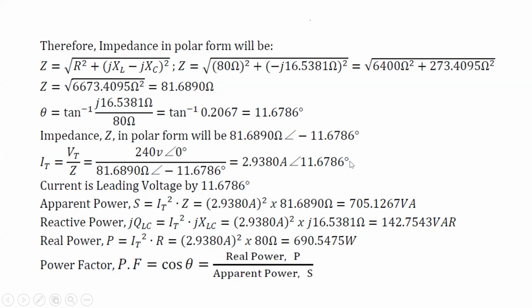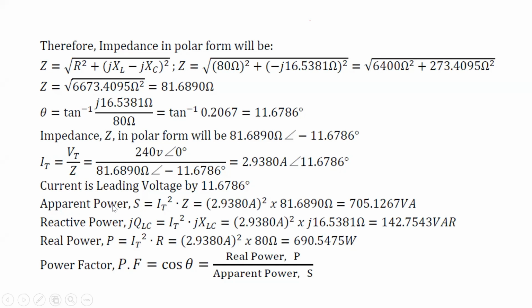You will notice that this angle changed to positive because when it crosses over to the numerator, it becomes positive. Then the current is leading voltage by 11.6786 degrees when you are plotting it as a sinusoidal wave.